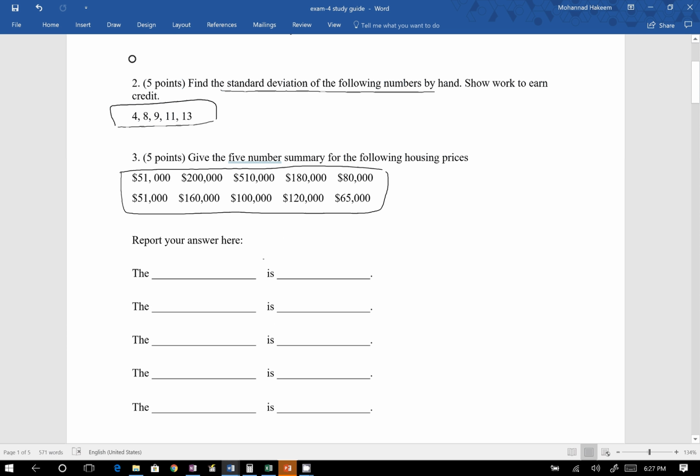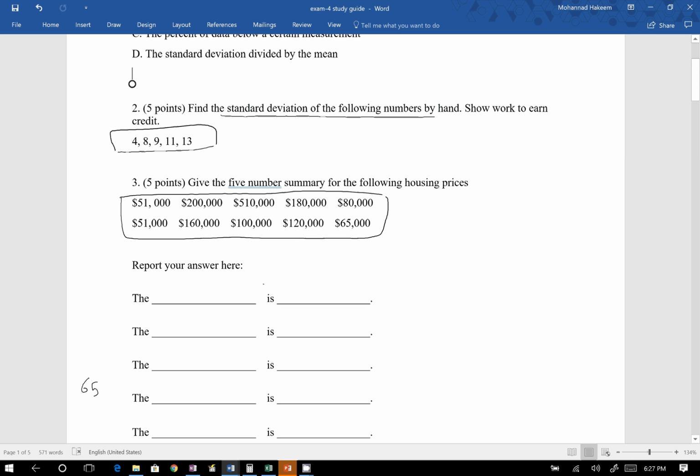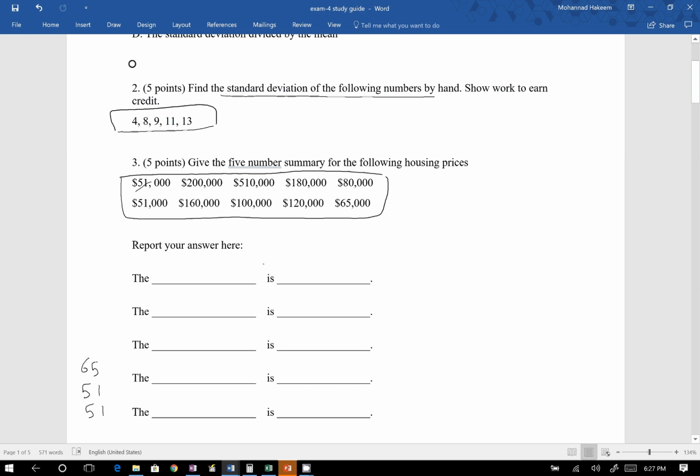So the minimum one I have is 65, and then I have two 51s. So 51, 51, 51, 51, 65. I have 80. I have 100.